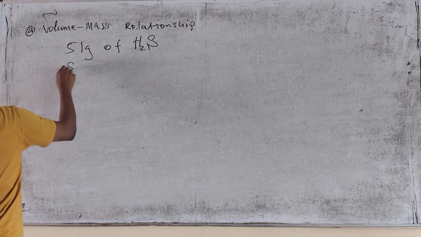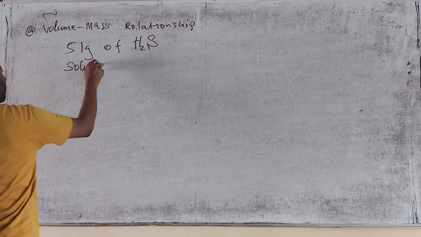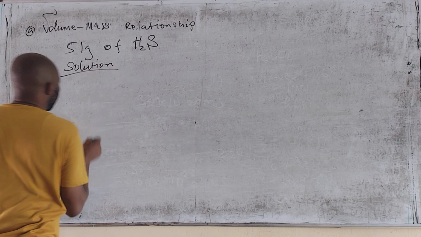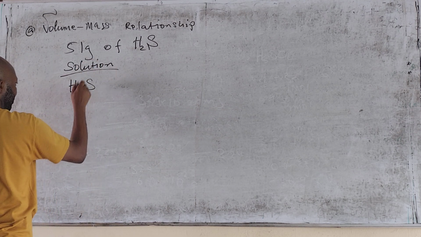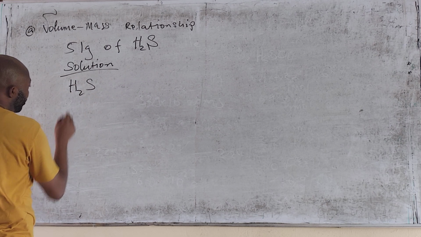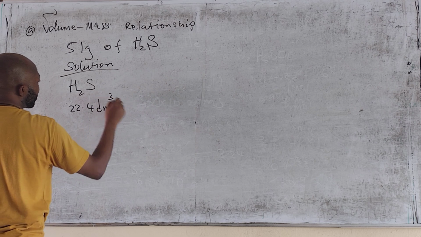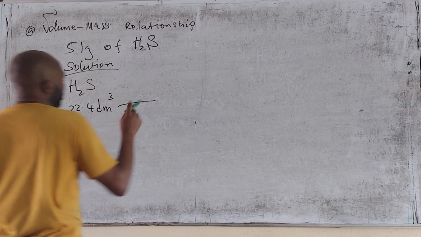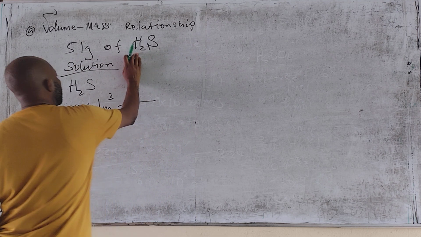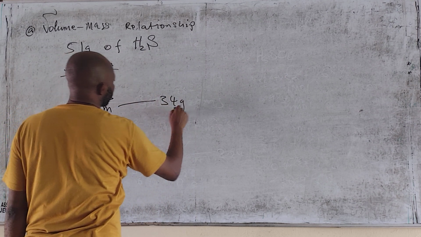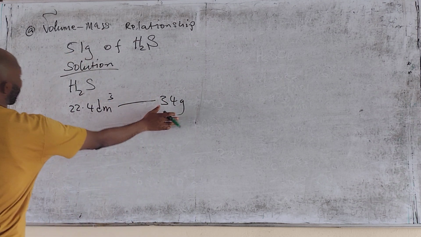We should calculate the volume. Solution. This is hydrogen sulfide. The volume of this is 22.4 dm cube. It's equivalent to sulfur, which is 32, plus 2, 34. So 34 grams.